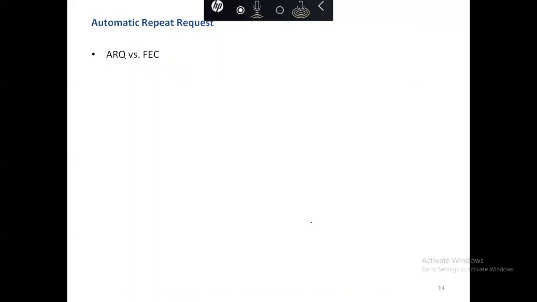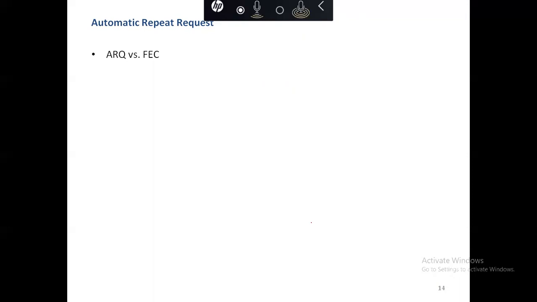So in communication where we can retransmit, we use automatic repeat request. If errors come, we request the transmitter to resend the data again. And forward error correction means that we send some redundant data with the actual data, and if an error comes, the redundant data helps to recover the actual data.